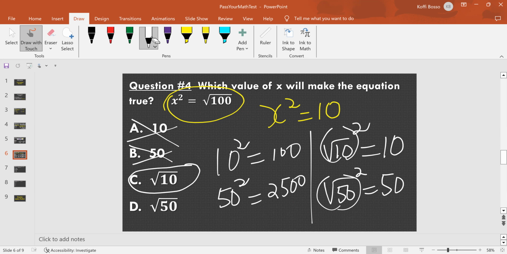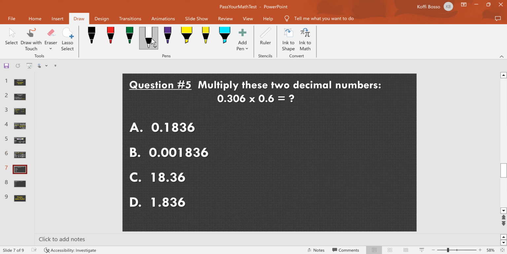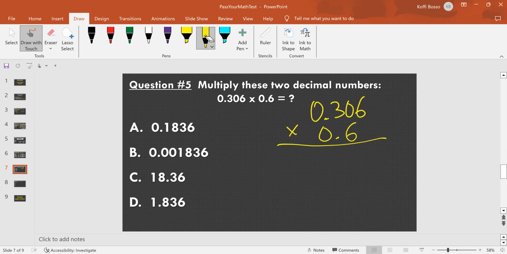Okay. The next question. Multiply these two decimal numbers. So we have 0.306 multiplied by 0.6. To do this multiplication, we take 6 and multiply by 6 there. 6 times 6 is 36.